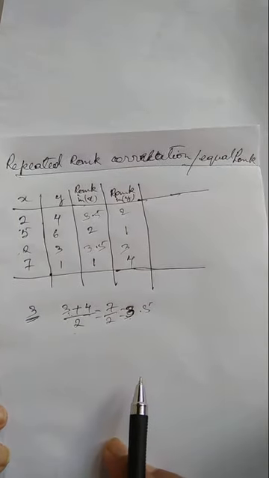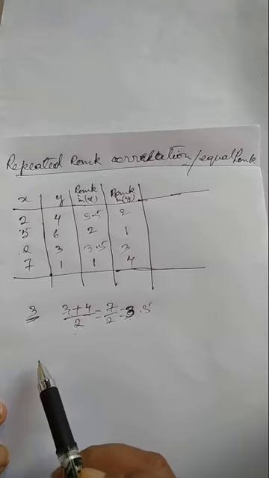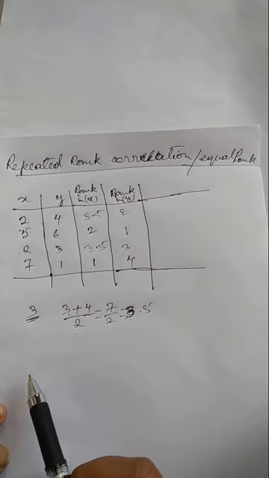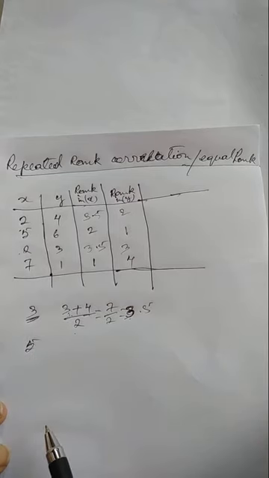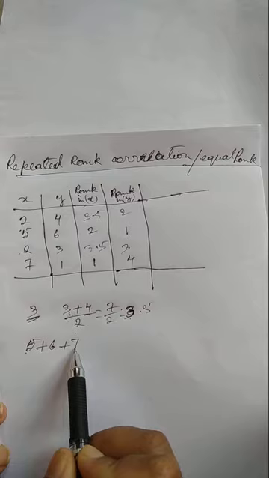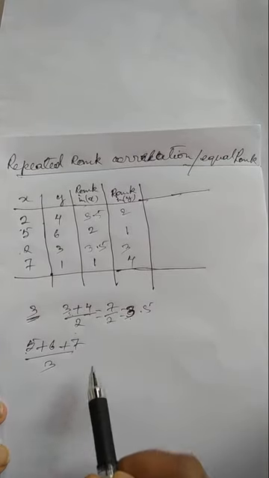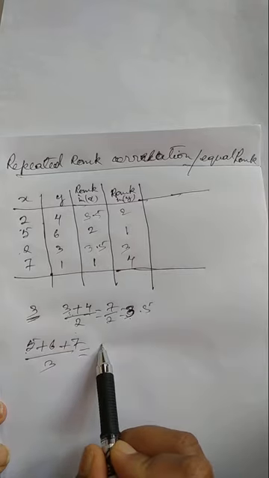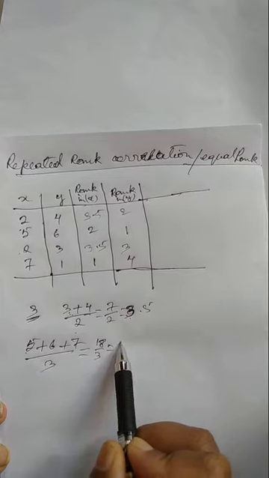Suppose there are three individuals or observations ranked equally at the 5th position. How do we give them the average rank? We add 5 plus 6 plus 7 and divide by 3, which is 18 by 3, which gives 6.